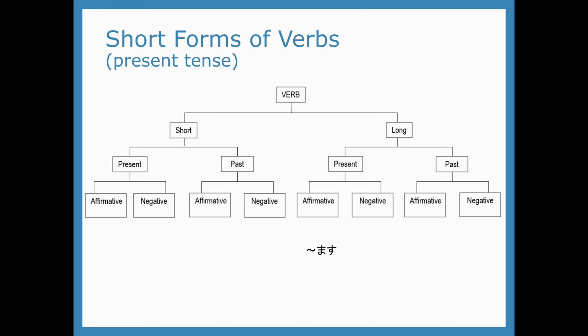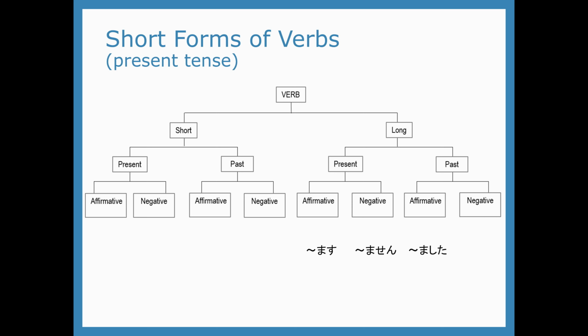What is the negative version of that? It's masen. So we have tabemasen, nomimasen, benkyou shimasen as our negative present tense. How about in the past? Past tense affirmative, we end with mashita. So, tabemashita, nomimashita, benkyou shimashita.